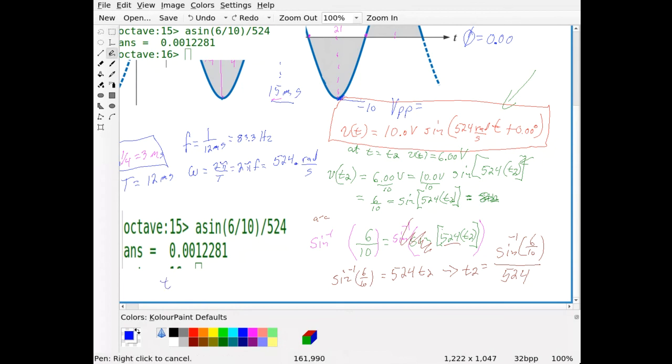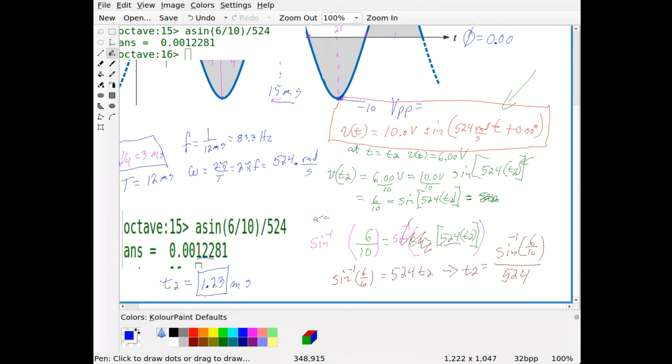Okay, so T2 is equal to 1.228 milliseconds, which would become 1.23 milliseconds. And again, I gave you all the units in this problem, all I asked for was the value.